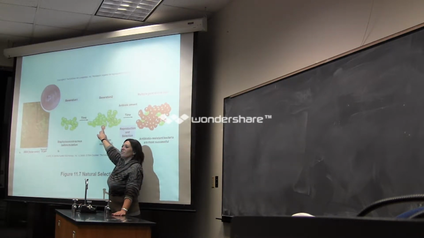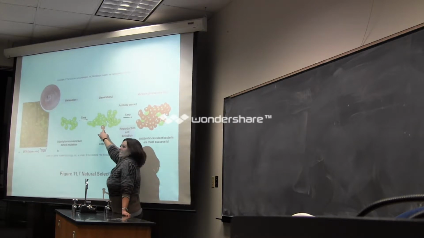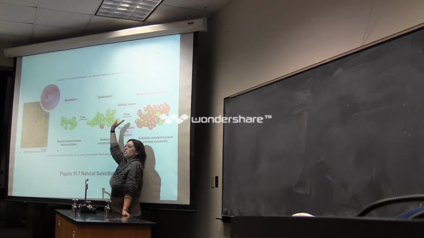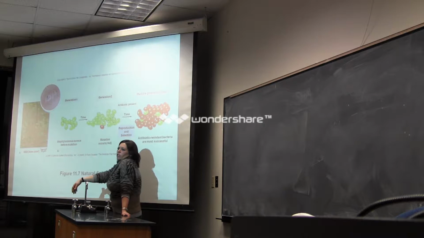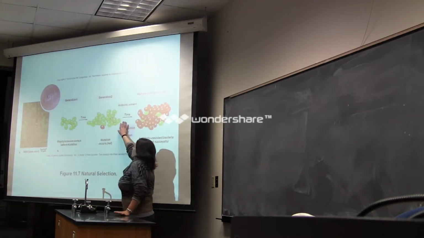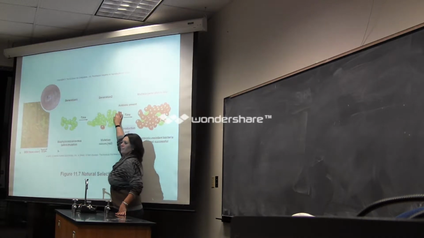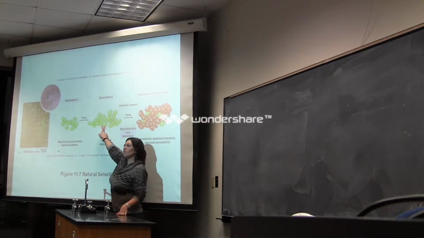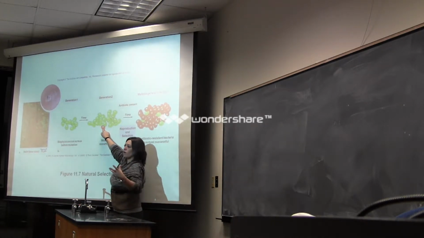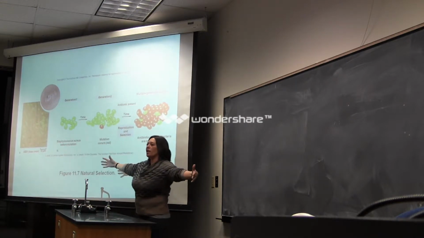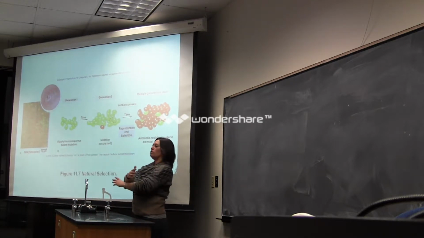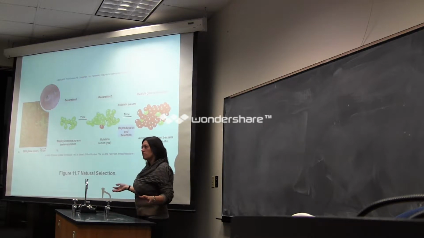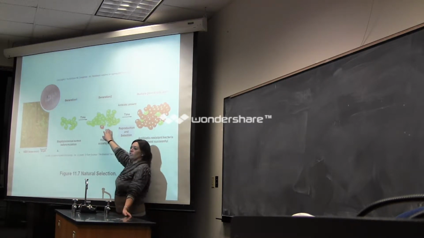So now this one guy's resistant and all the rest are still normal bacteria. Well, you start treating with antibiotics and you're killing all the normal bacteria, and the only ones that are surviving are these red guys. So you're selecting for more of these antibiotic-resistant bacteria when all you're trying to do is kill the bacteria in the first place. Collateral damage, so to speak.